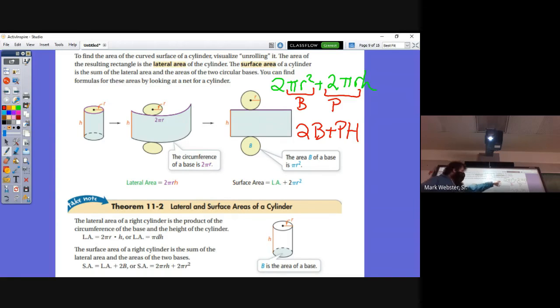Because I already know pi r squared is the area of a circle. I already know 2 pi r is the perimeter of a circle. Why would I need this extra special formula when I already have the 2b plus ph thing, and I already know b and I already know p?